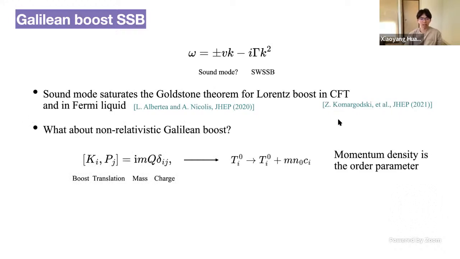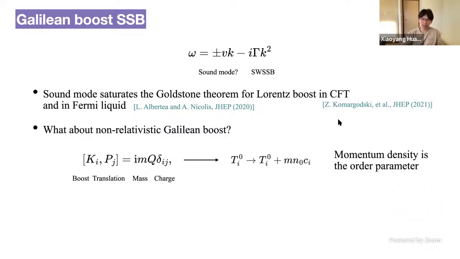This picture can also be carried over to non-relativistic theory with a Galilean boost. On the left-hand side, I'm just showing you the boost symmetry algebra, where K_i is the Galilean boost. And what it tells you is actually a well-known effect that your hydrodynamic theory is the same in different inertial frames. This is basically saying that the momentum density will transform under the Galilean boost.